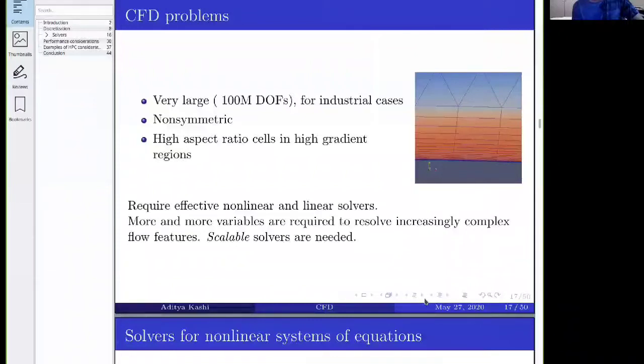Again, the high lift devices typically need a lot more variables than the aircraft simulation in a cruise flight. So scalable solvers are needed. We need the algorithms to scale to larger and larger problems. We don't want to stop just because we hit a bottleneck and we're waiting forever for the simulation to complete.